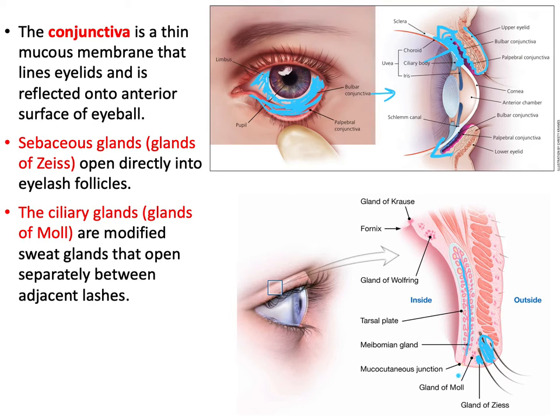But you also have a sweating gland called the gland of Moll. You also have the glands of Wolfring, modified accessory lacrimal glands, and also the glands of Krause, which are again accessory lacrimal glands as well.